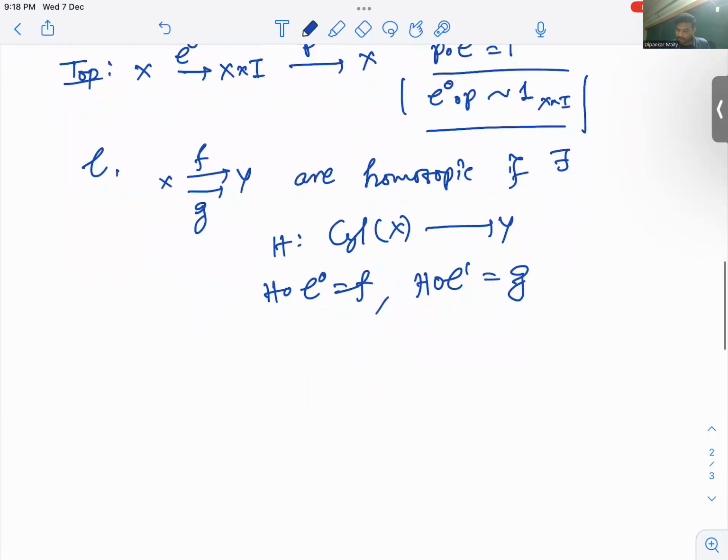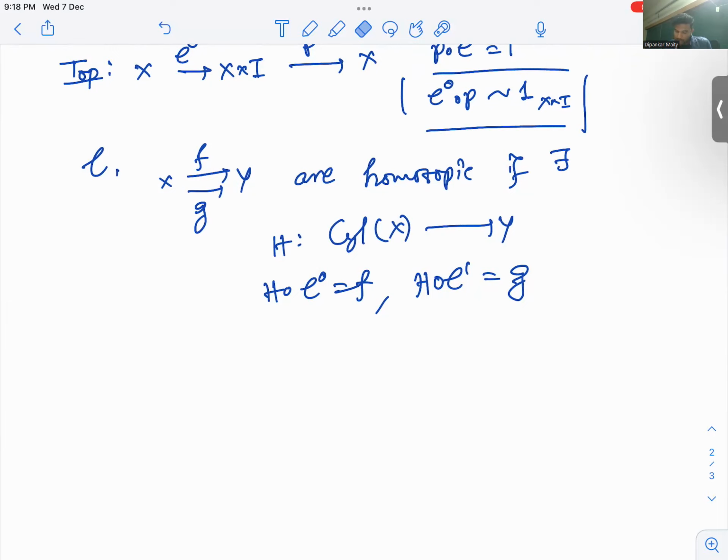And then you define something equivalent to homotopy equivalence as in the case of topological spaces, where a map of topological spaces was a homotopy equivalence if it has a homotopy inverse.